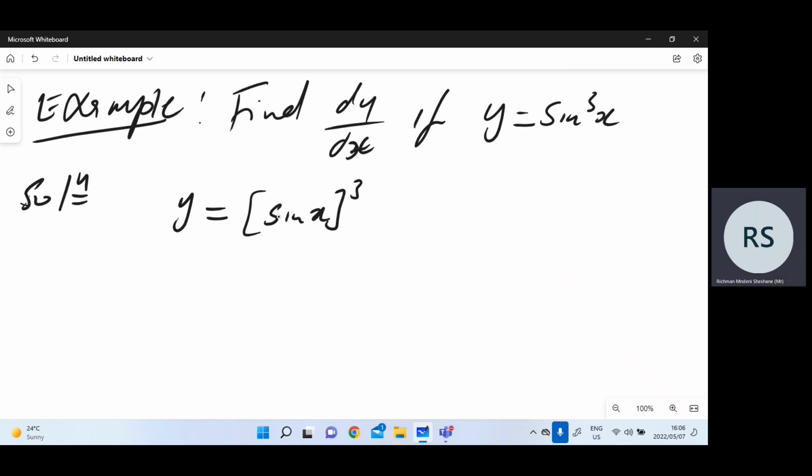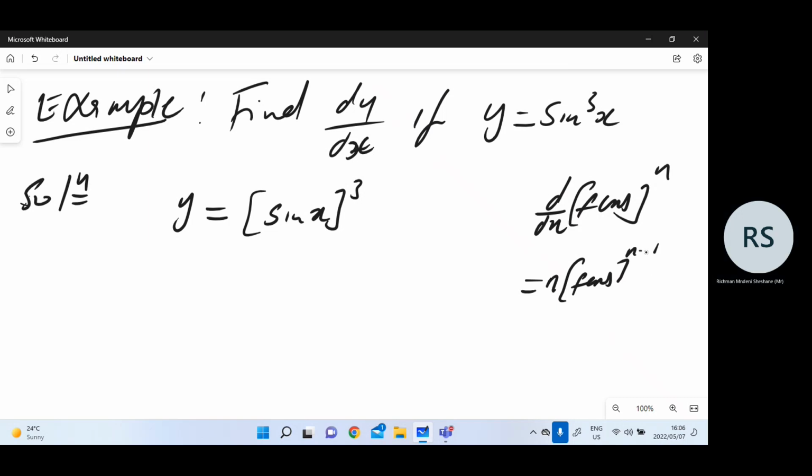You see, I have a function to the power of n. I want to find the derivative of the function that is to the power of n. I know the derivative should be n, a function to the power of n minus 1, and multiplied by f prime according to the formula.